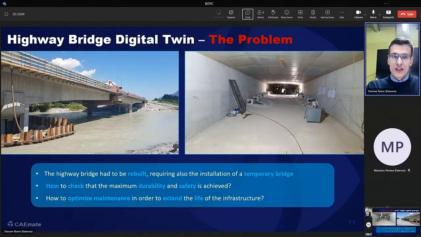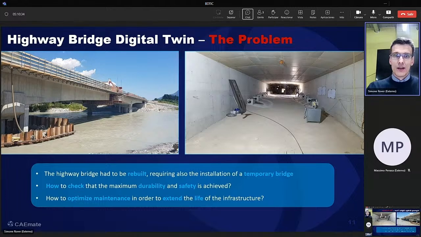An important bridge had to be demolished much before the predicted lifespan that was designed. For this reason, the asset owner wanted for the new structure a reliable system that could assess the safety of the structure and optimize maintenance.